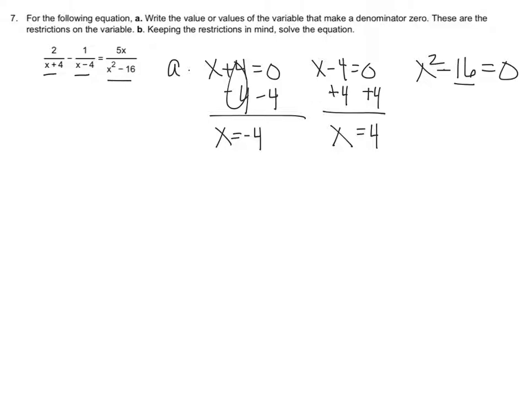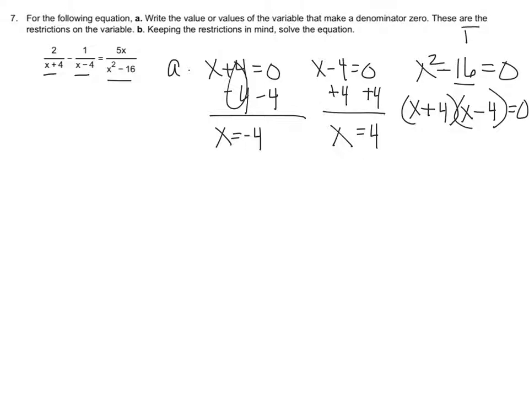So I have a rule that tells me that I can factor this into two sets of binomials by taking the square root of x squared, which is x, and then taking the square root of 16, which is 4, because 4 times 4 is 16. And then, since it's the difference of two squares, I alternate the signs.